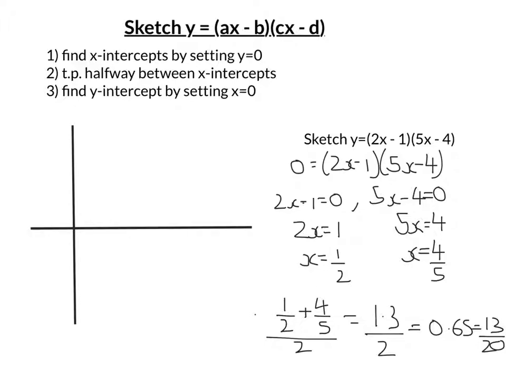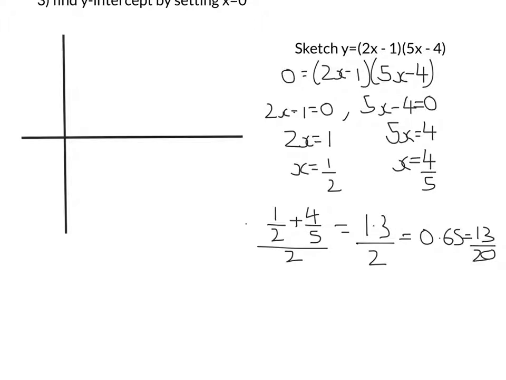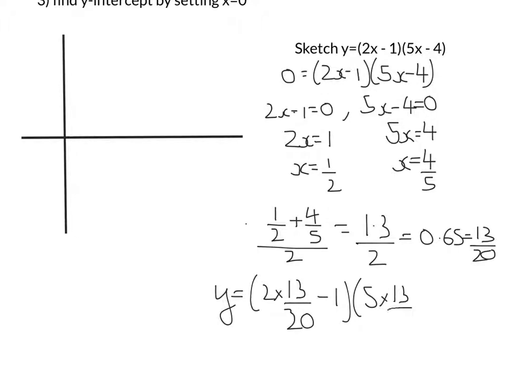Now, to find the y value, I just sub 13/20 into my original expression. So I would write y is equal to 2 times 13/20 minus 1, close bracket, open bracket, 5 times 13/20 minus 4. And then I'd put that all into my calculator.